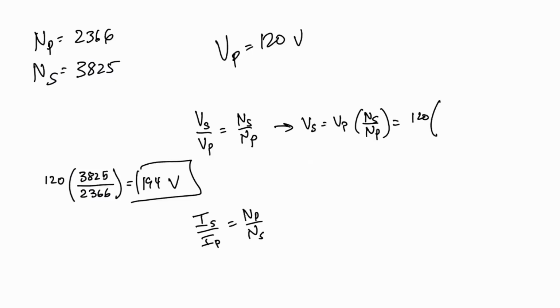If we solve this, current in the secondary is equal to current in the primary times NP over NS. I didn't give you the current in the primary. Let's say the current was 10 amps. Primary was 2366, secondary was 3825.